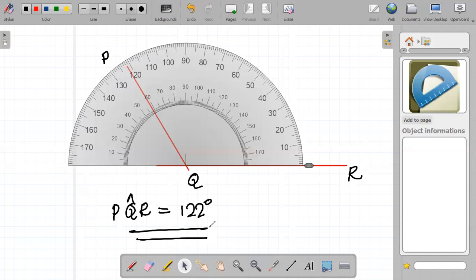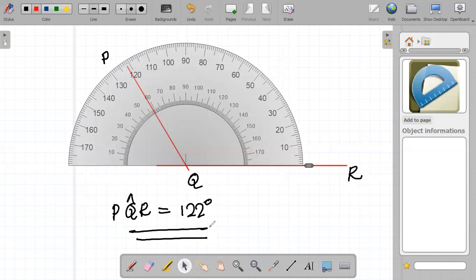And then the zero of the inner scale. In this protractor, you can see the zero of the inner scale placed on the OA arm. Can you see, Shinal? Have you seen it?